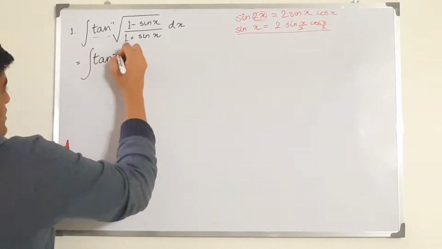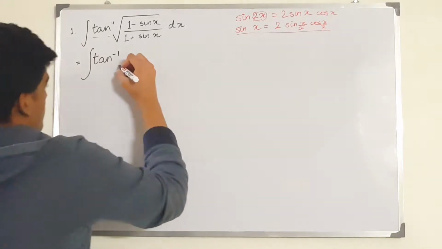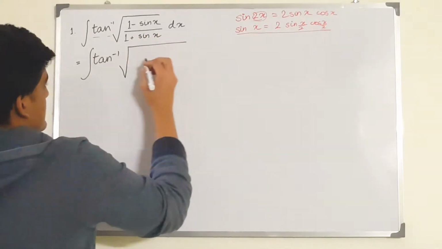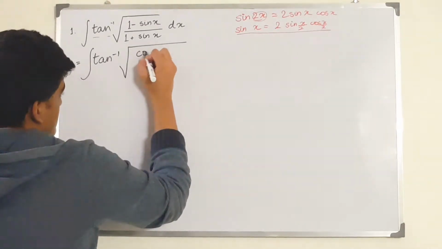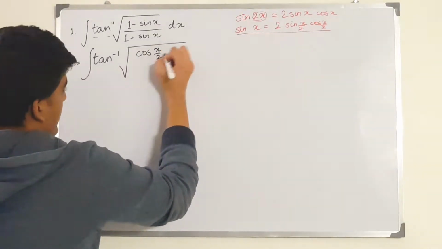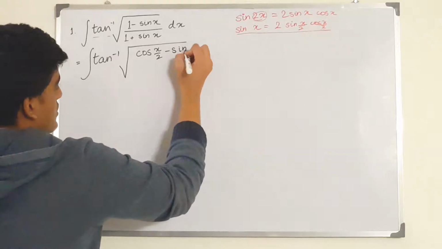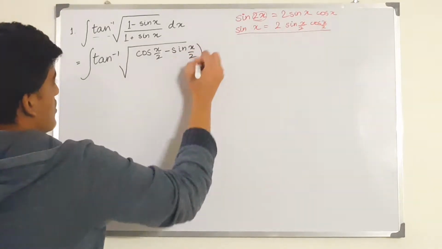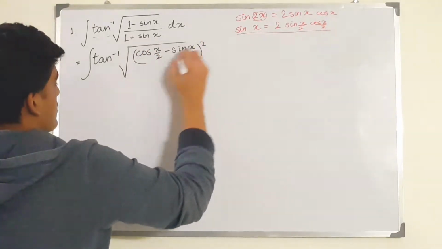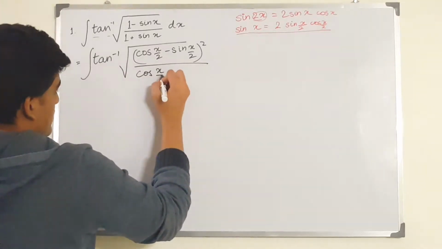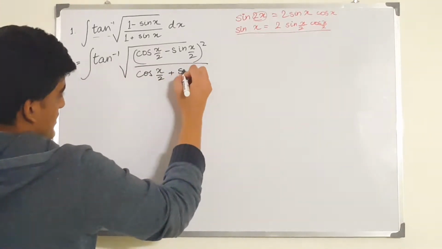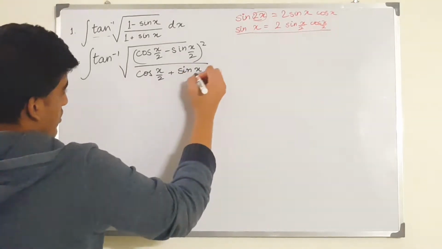Simplifying this trigonometrical function under the root, we get cos x by 2 minus sin x by 2 whole square divided by cos x by 2 plus sin x by 2 whole square.